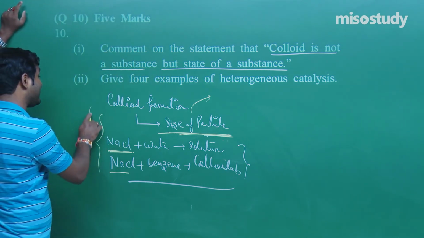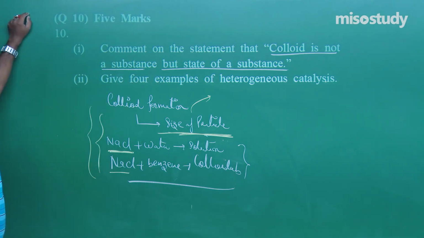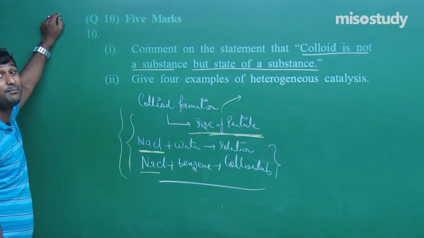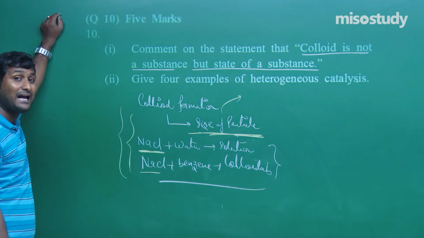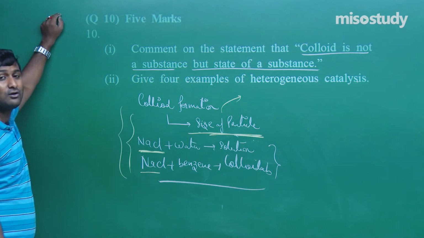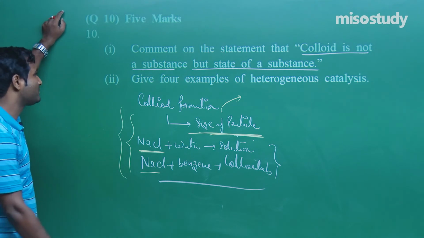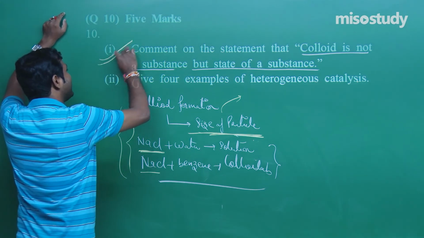In case of associated colloid, if the concentration is low, it will not act as a colloid, but if the concentration is high, it forms an associated colloid. That is, micelle formation takes place, and that particular concentration is known as critical micelle concentration. So this is one of the best questions, completely explanatory.